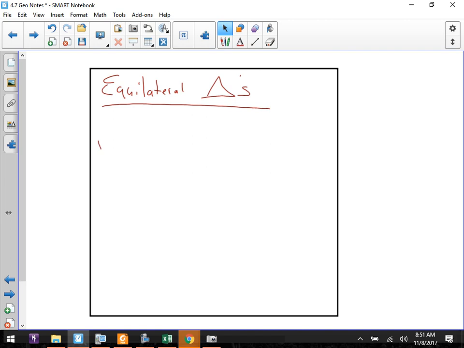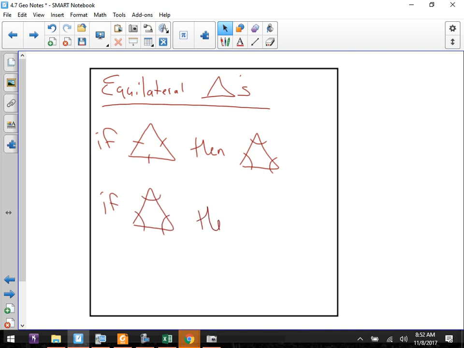It's the same idea. If all three sides are the same, then all three angles are the same. Or if all three angles are the same, then all three sides are the same. And the angles will always equal how much?